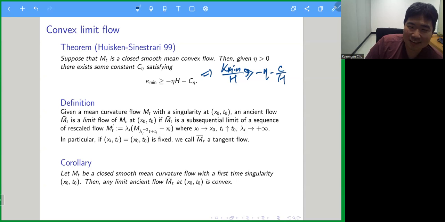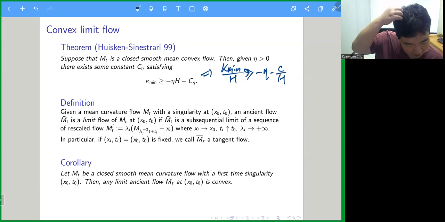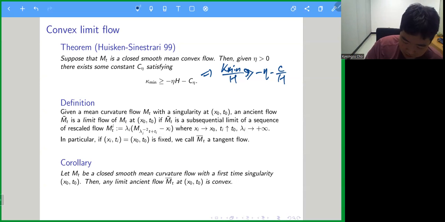Somehow, I mean, A is another regularity theory, but H is bounded better. I mean, we can consider some singularity where H diverges to infinity, then C over H converges to 0.